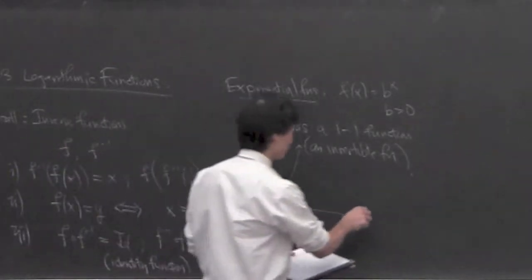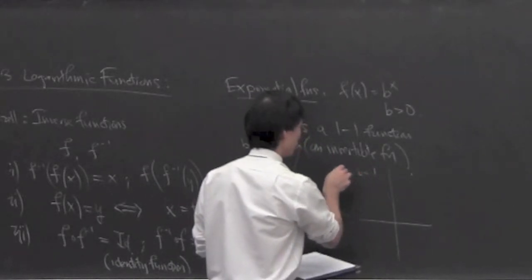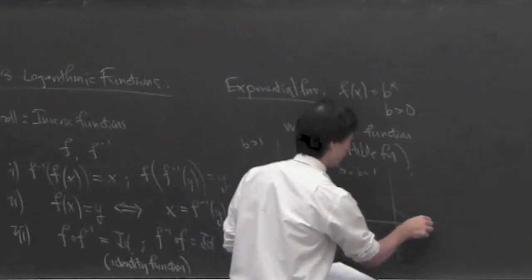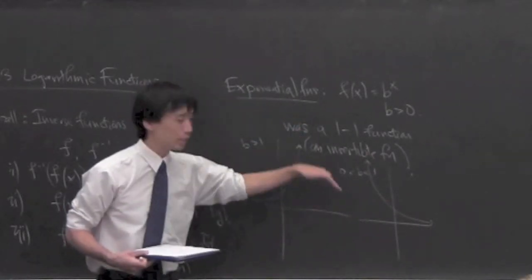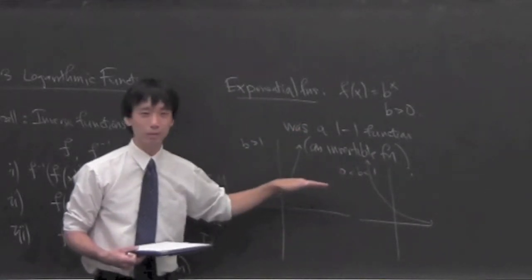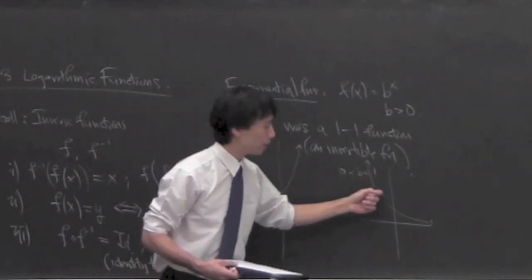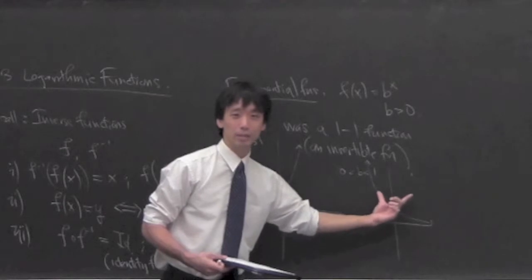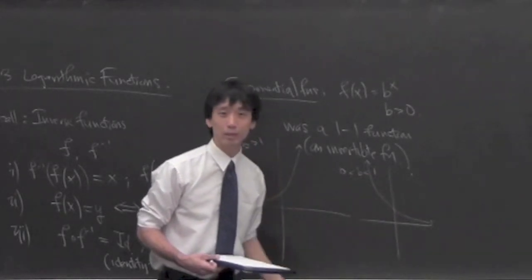And if b were between 1 and 0, then it was flipped on that sort of graph, so it was a strictly decreasing graph. Being strictly decreasing also means that you pass the horizontal line test, because you're never going to have a point here and then a point later that is at the same height, since the point to the right will always be lower.